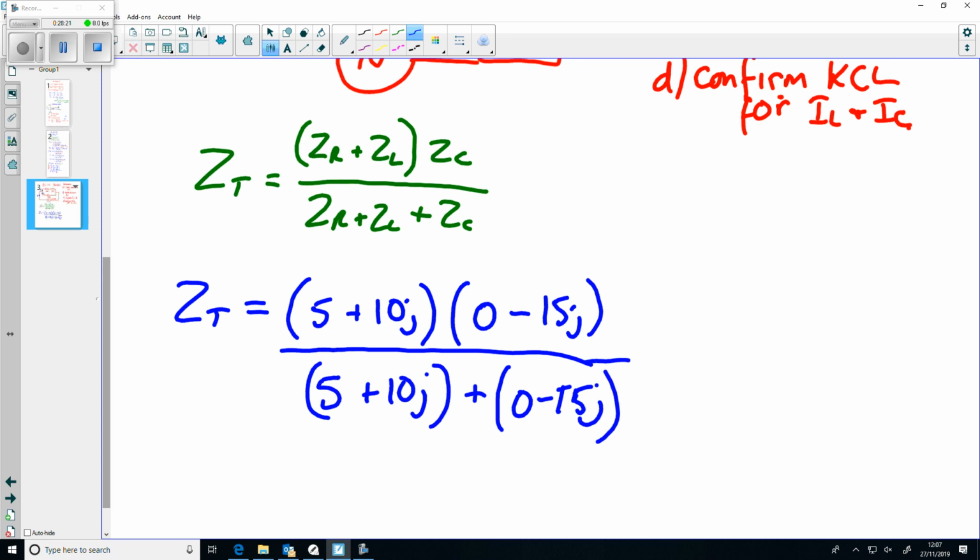Now, we want to multiply this top line. We'll leave that for a minute because we'll be better off with that in a different form. We want to add these two together. So let's do that now.